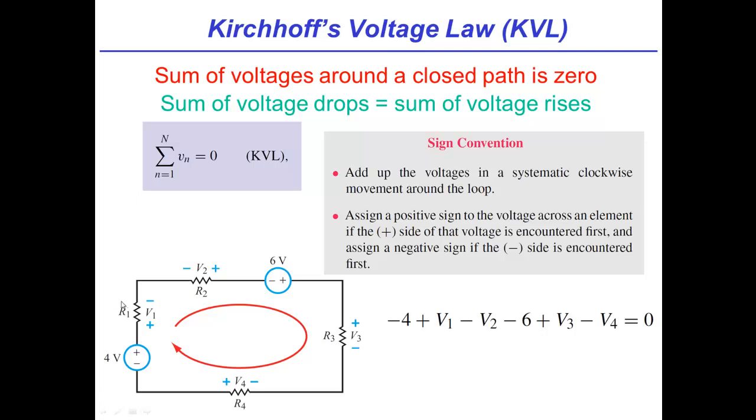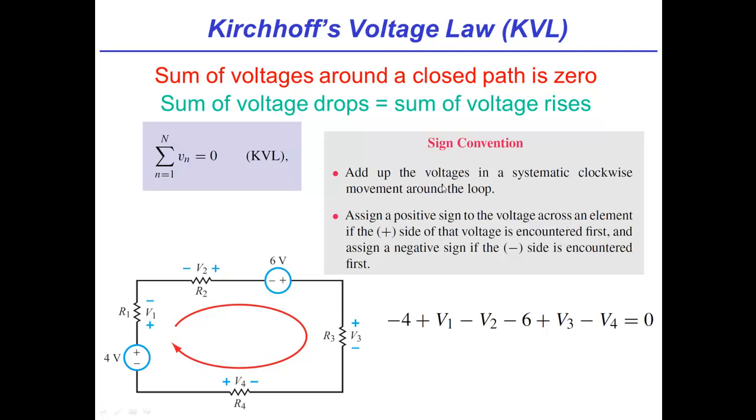Here's another arbitrary circuit. And I say the sum of the voltages around a closed path is 0. What that means is if I were to sum all the voltages around that path, it's equal to 0. Another way we say that is the sum of voltage drops is equal to the sum of voltage rises. But again, to be honest, I've generally found it's easier to just think of it as the sum of the voltages around a closed path is 0.